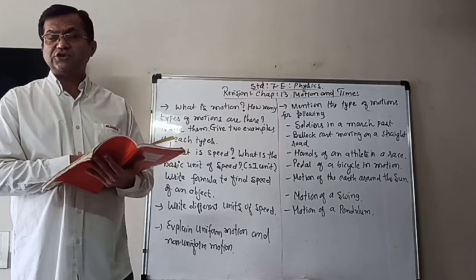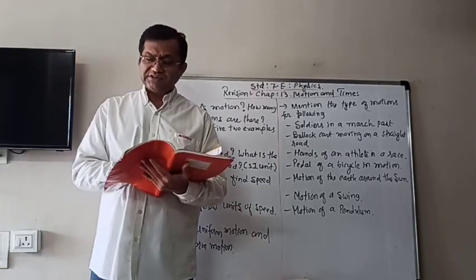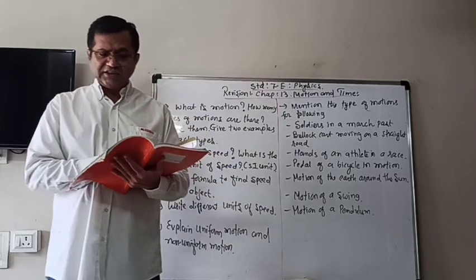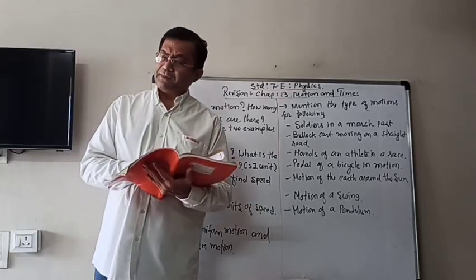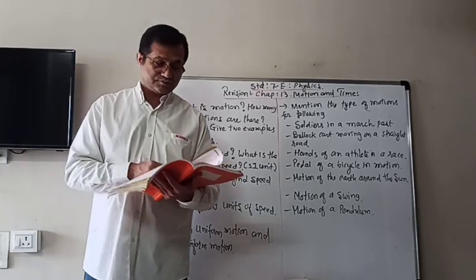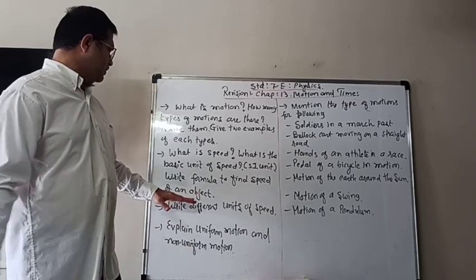So the basic unit of the speed is meter per second. And the other units, kilometer per hour, kilometer per minute, meter per minute, etc., are also there. So that is the thing we learn about it.